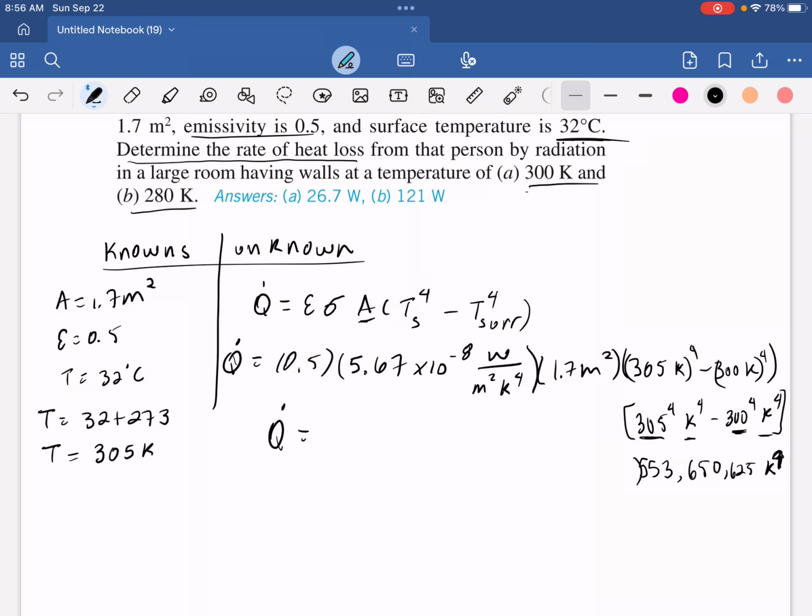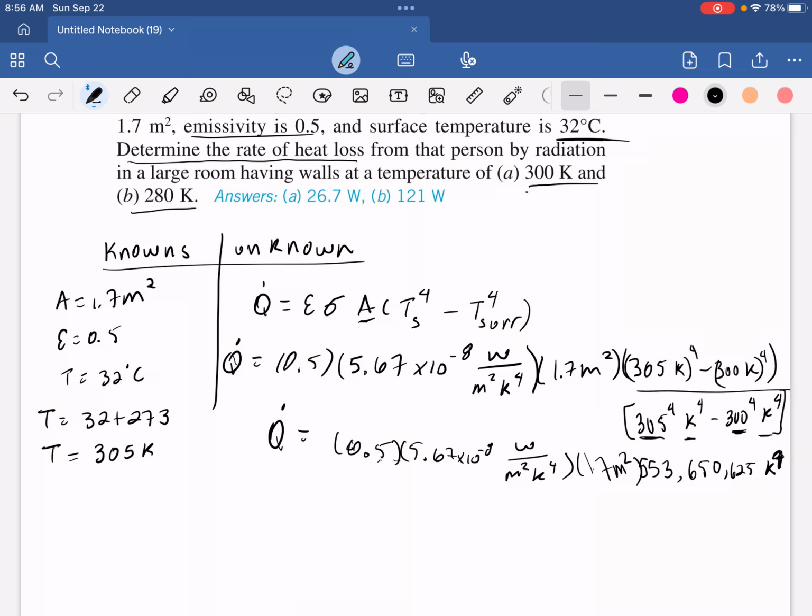I'm gonna bring everything else down, and I'm gonna bring this over here as well, which is 5.67 times 10 to the negative 8 watts per meter square K to the fourth times 0.5. Notice I have not multiplied anything except for this.